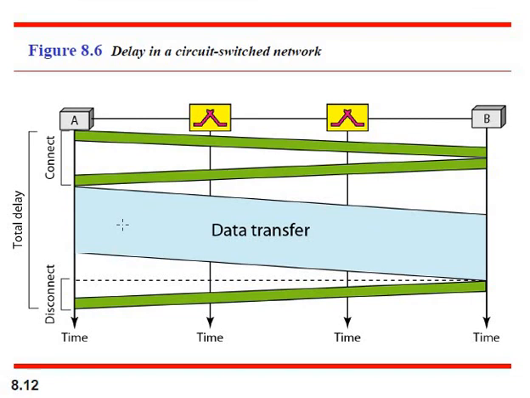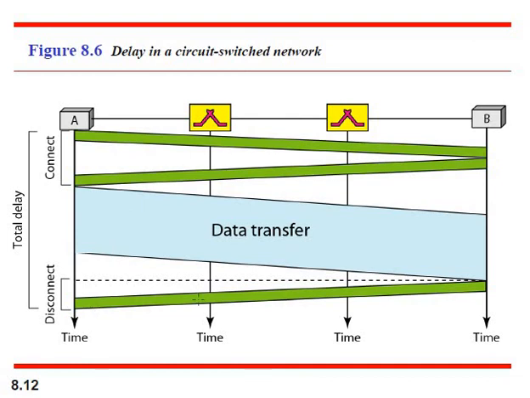Once the data transfer completes, the third phase is called the teardown phase, where the resources, the switches and links that were reserved, are released so they can be used for the next transmission or the next node's transmission. So the first phase is the setup phase, the second is the data transfer phase, and the third is the teardown phase.